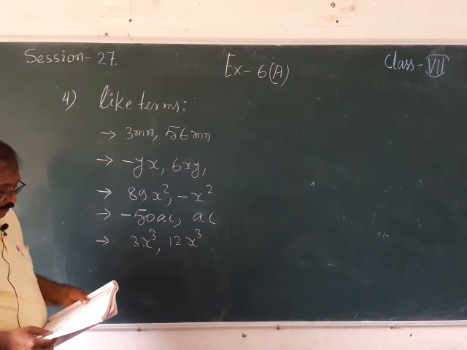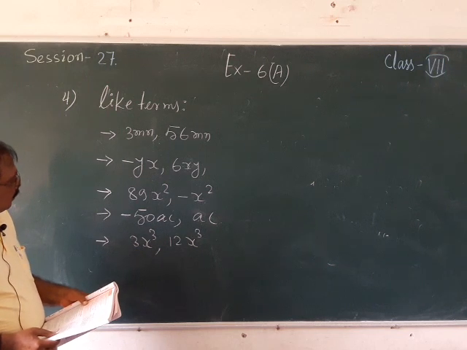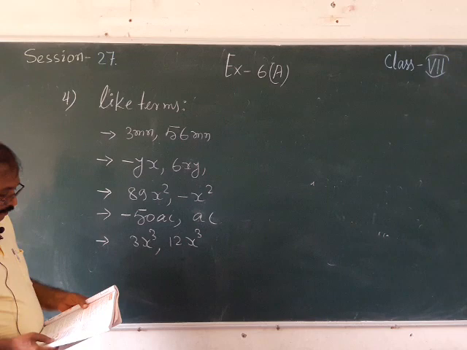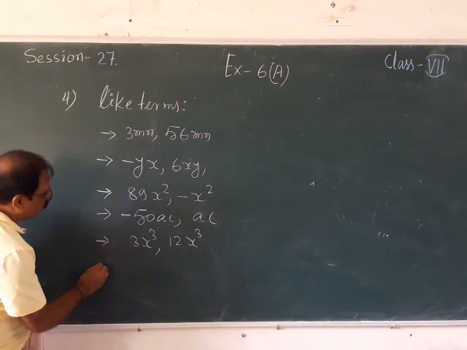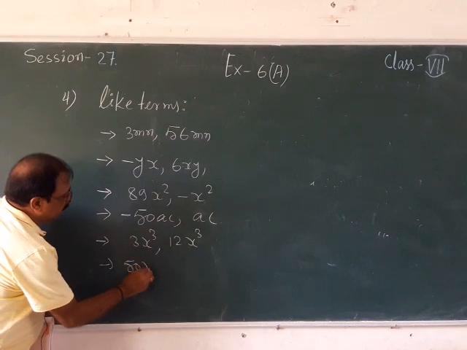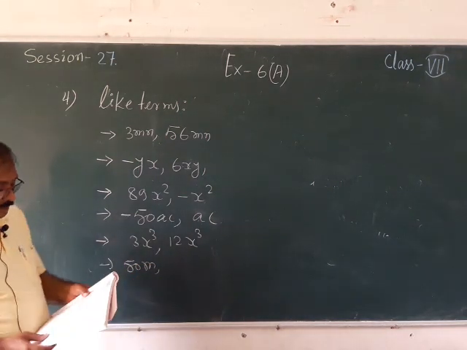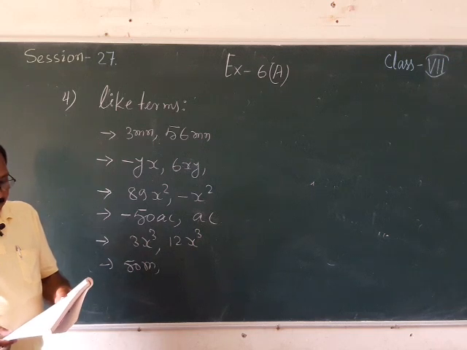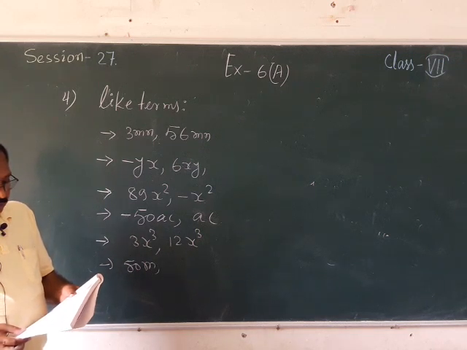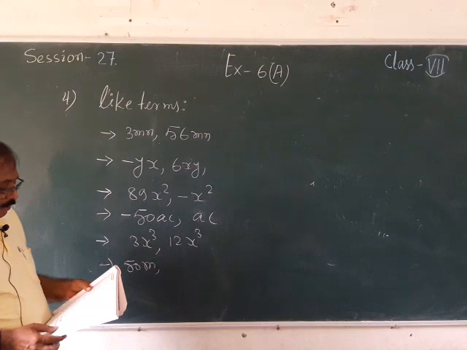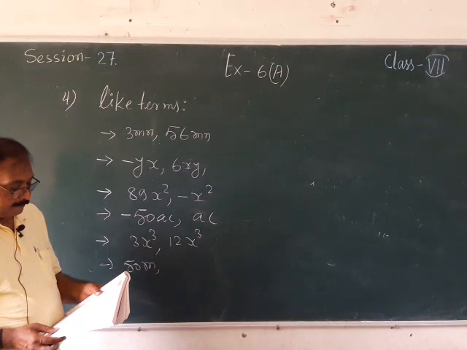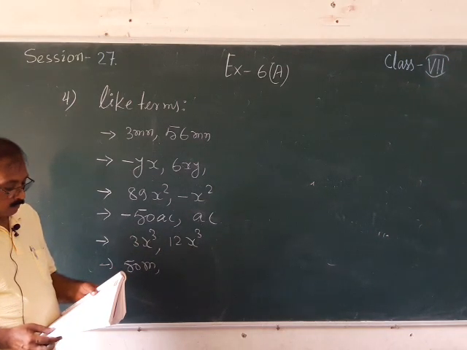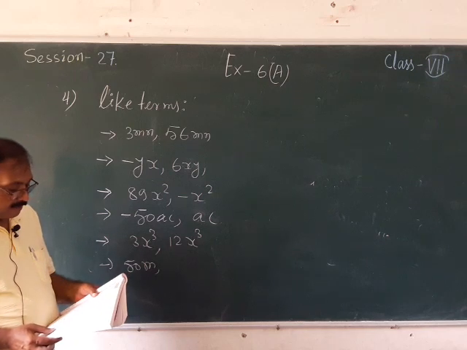In the same way, xy is written, yes. Then the term containing m, I can see only 50m is there. For 50m, you can search for another term with m, but there is no other m, so this is not a like term. 50m, only 50m is there.